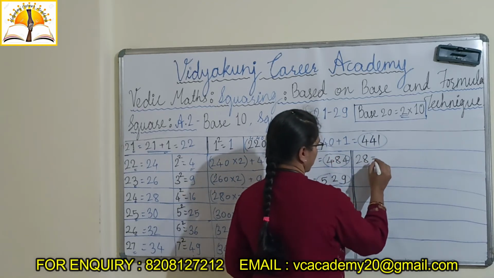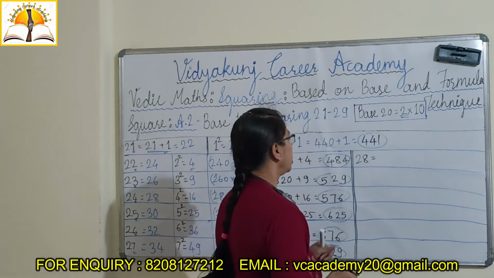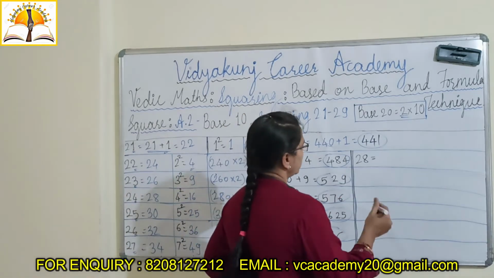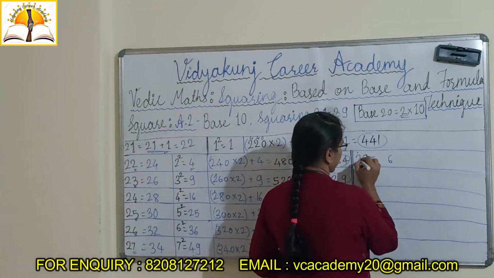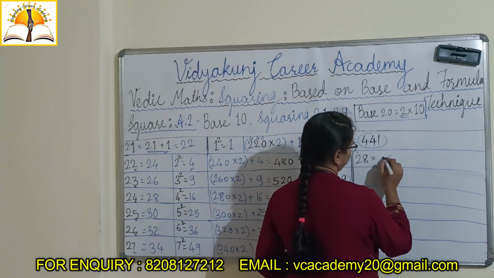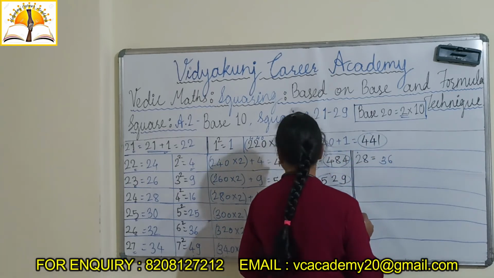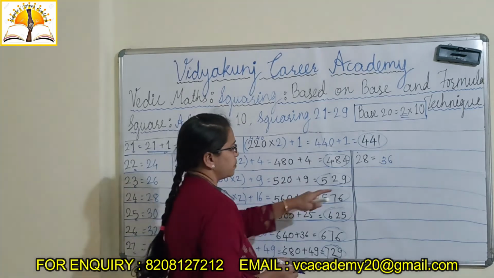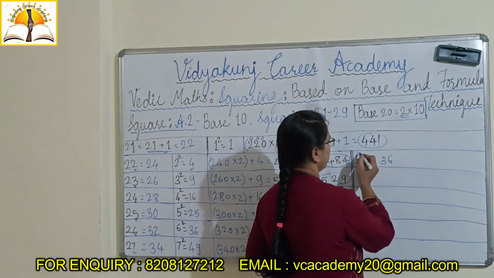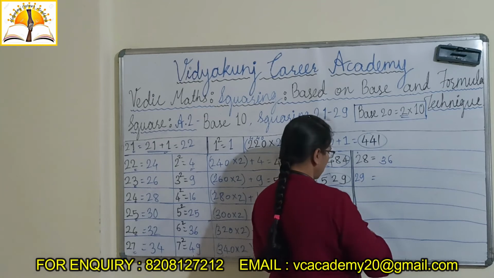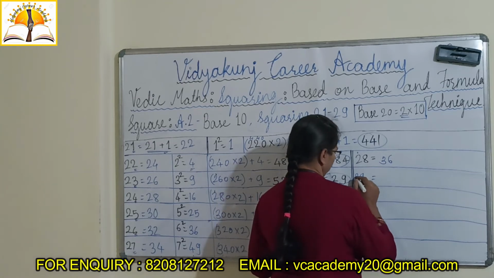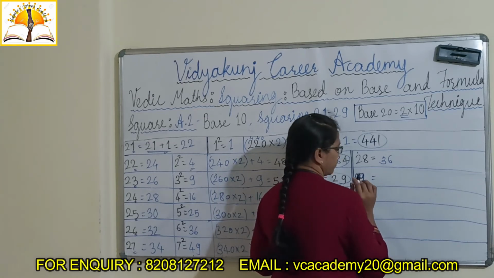In this number, see, unit place number is 8, in 28. Then 28 plus 8, what will be here? 16, here 3. Yes or no? 8 plus 8, 16, here 6, 1 carry, 3, 36. 29: in this number, 9 plus 9, 29 plus 9 we have to do.